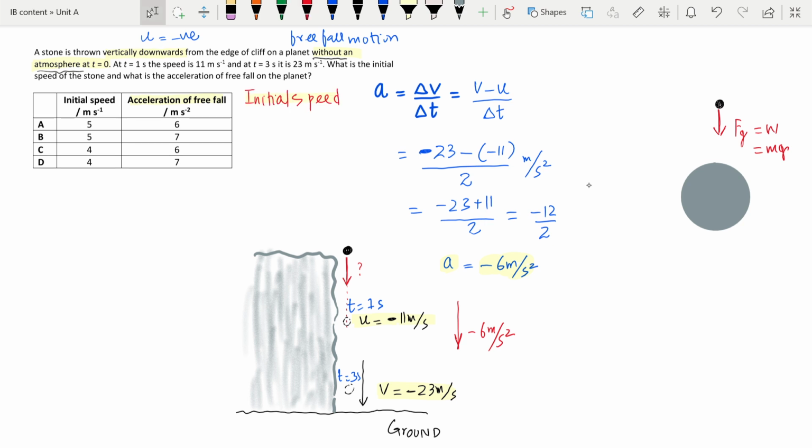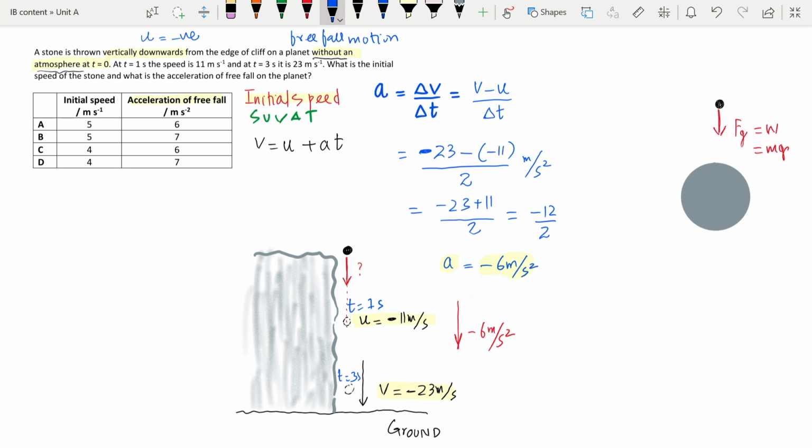So we can apply any SUVAT equation depending on the data. If you want to find the initial speed, the speed at the very beginning, now I am considering it as the initial point, and this is the final point, or you can consider this one also as the final position. So this equation is the most suitable because now we know acceleration as well.